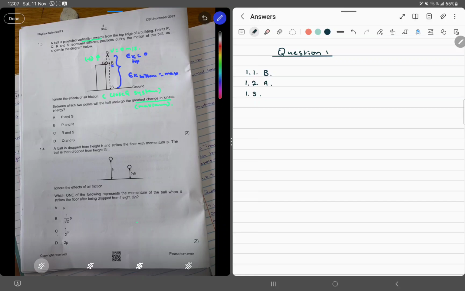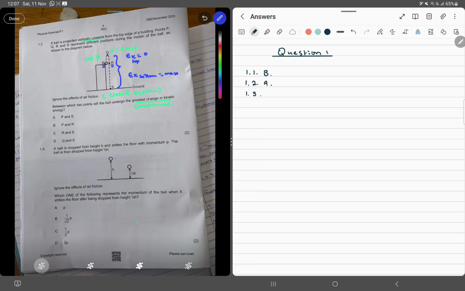So the difference is definitely not going to be as great as the difference would be from S and Q. So obviously, this is just how one thinks of this question. Again, it was projected at a particular velocity at P. So this kinetic energy minus that kinetic energy at P will be much less than when you are subtracting nothing.